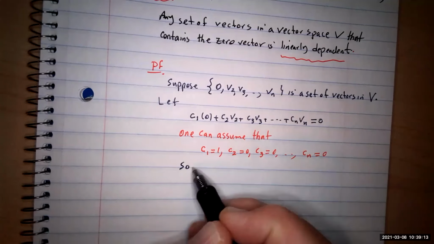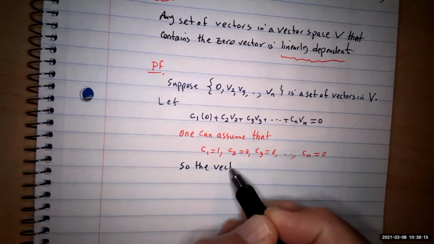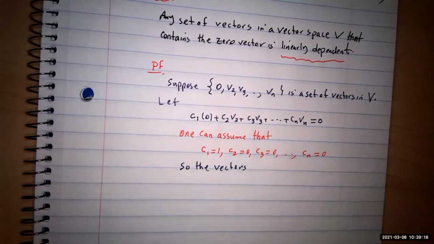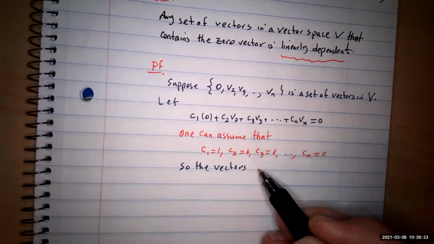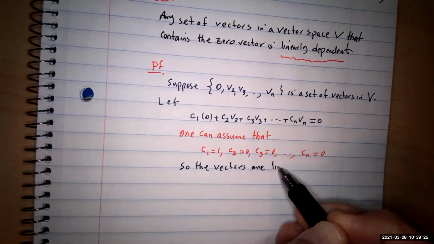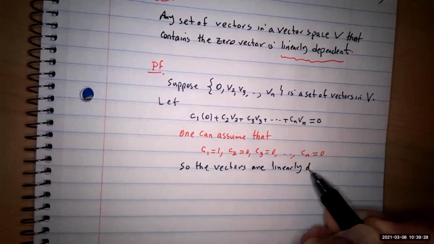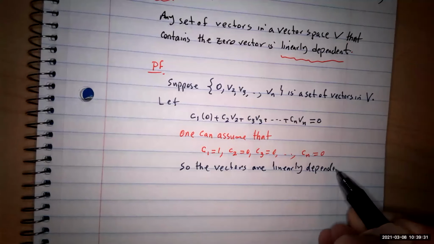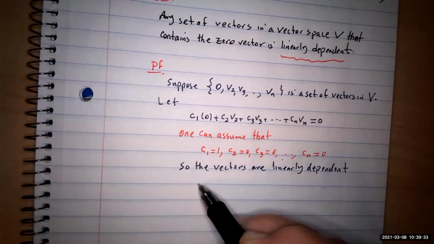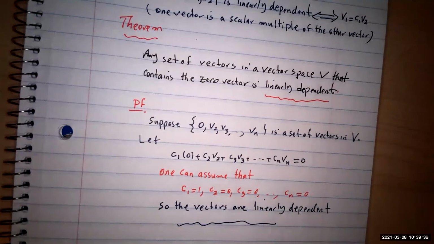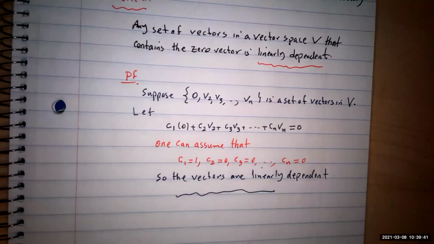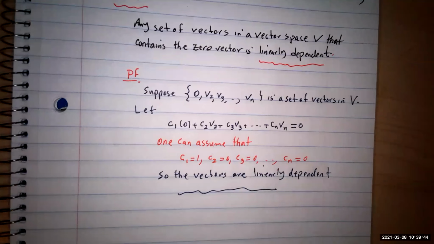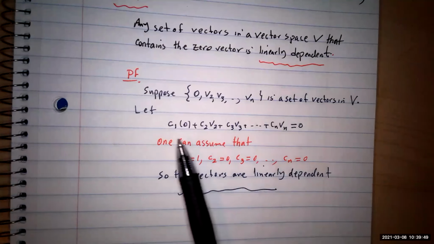Nice result and easy to prove. If you have a set of vectors that contains 0, that set cannot be linearly independent. It's always dependent.